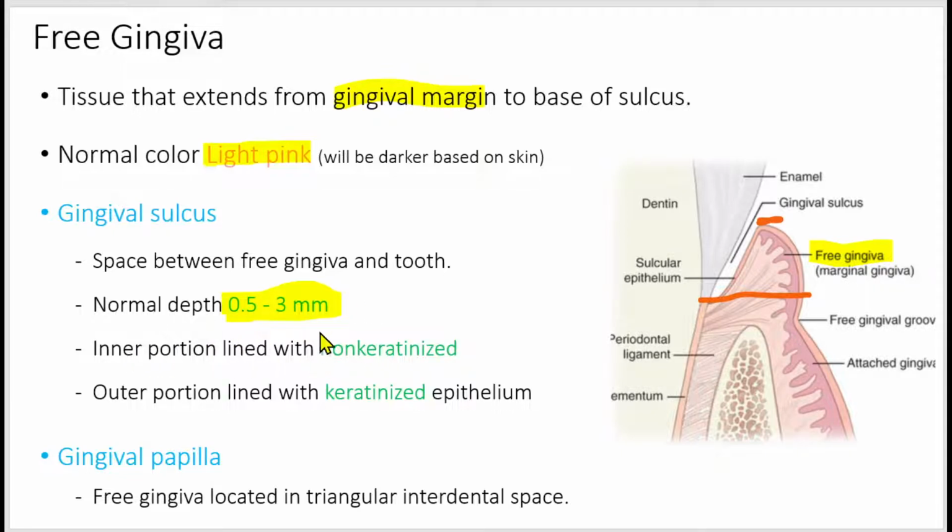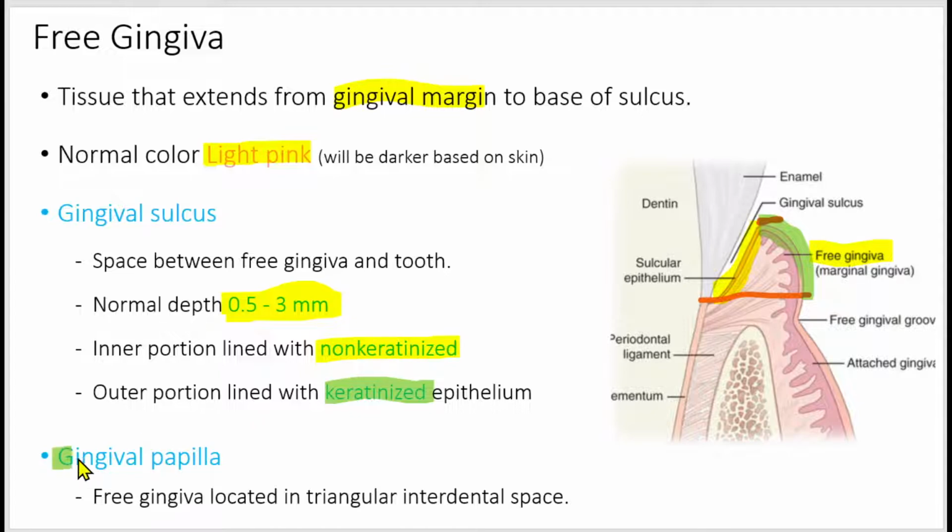The inner portion of the gingival sulcus, so this side of the gingival sulcus, is covered by non-keratinized epithelium. So the cells that cover it. Keratinized means they're more hard, per se, more rigid, and non-keratinized are less rigid. So the inner surface is covered by non-keratinized, and the outer surface of the sulcus is covered by keratinized epithelium.